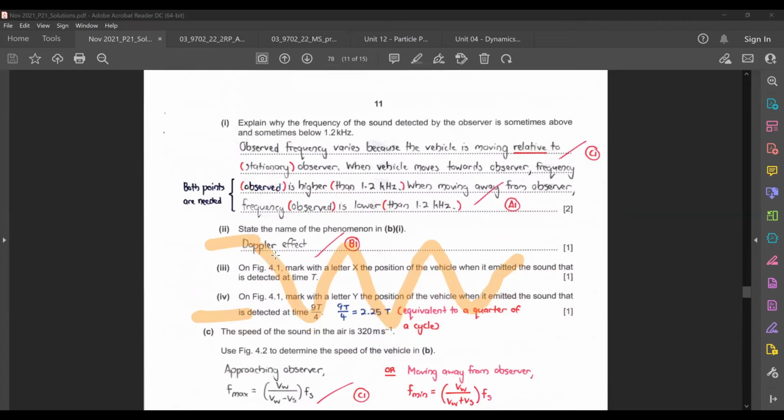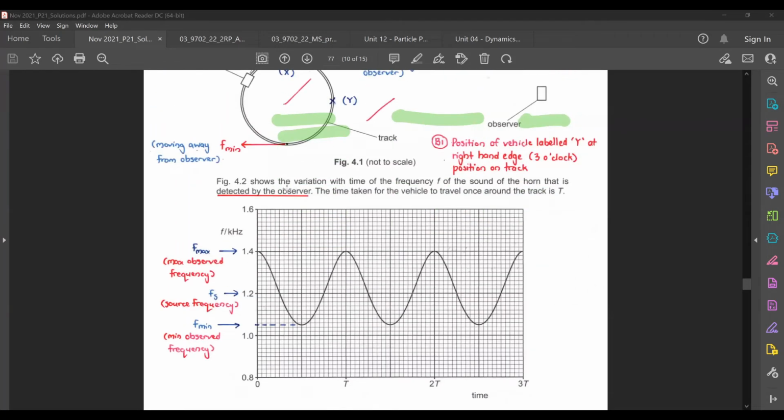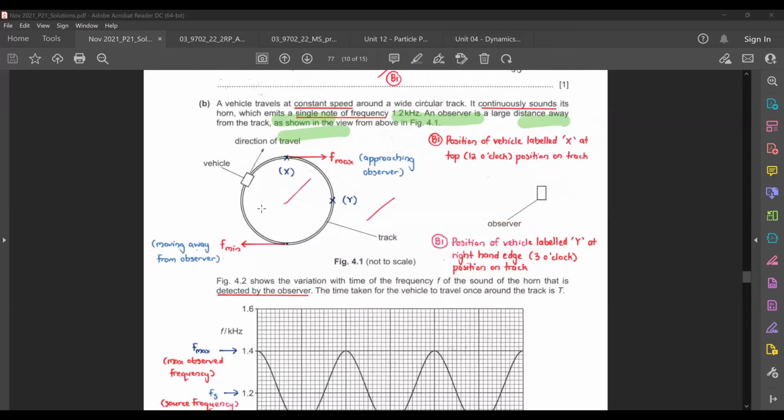So from here, what they want you to explain is this. Explain why the frequency of sound detected by the observer is sometimes above and below 1.2 kilohertz. Now, what was 1.2 kilohertz in the first place? The 1.2 kilohertz over here is actually from the vehicle itself.